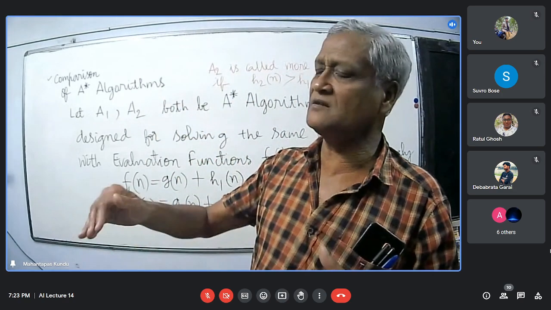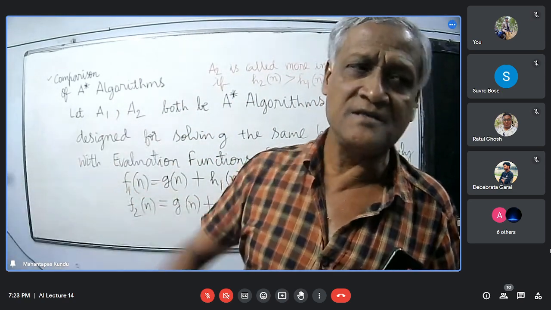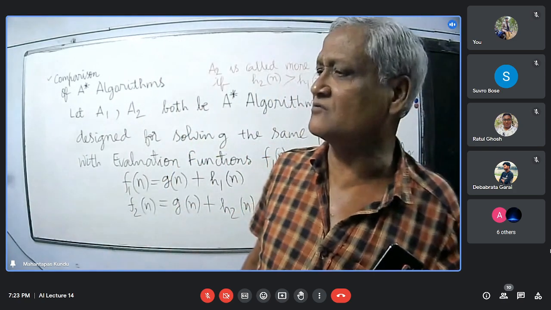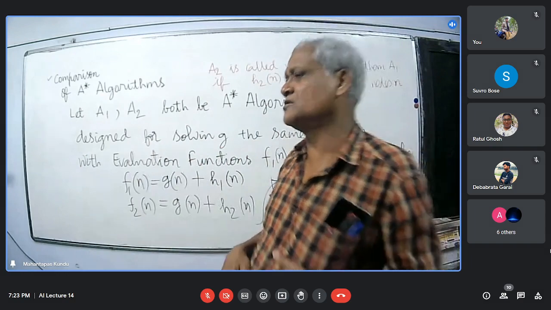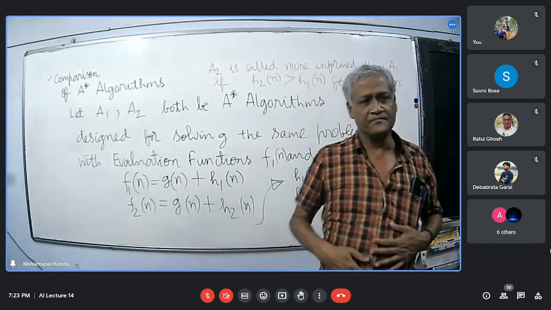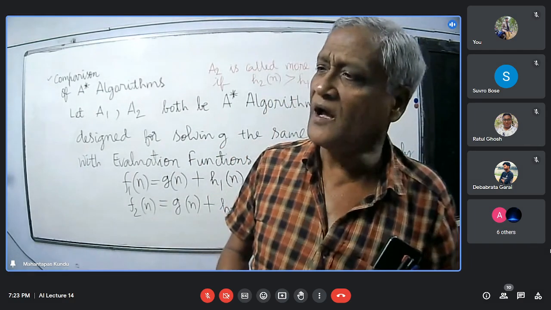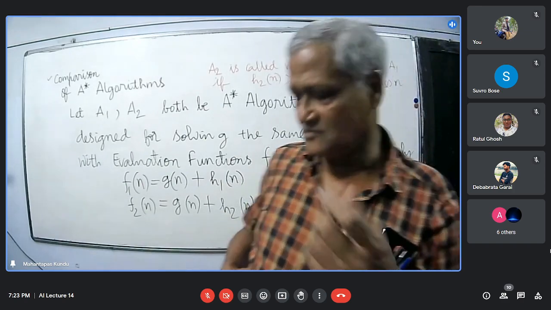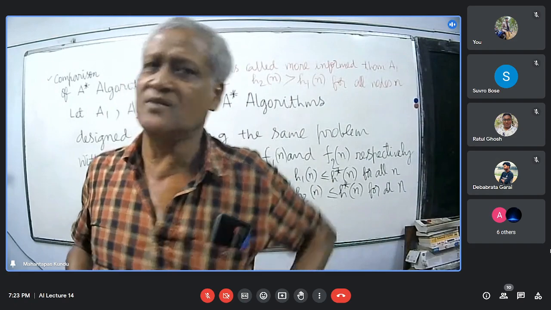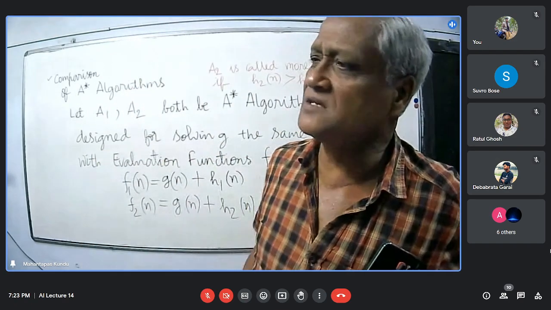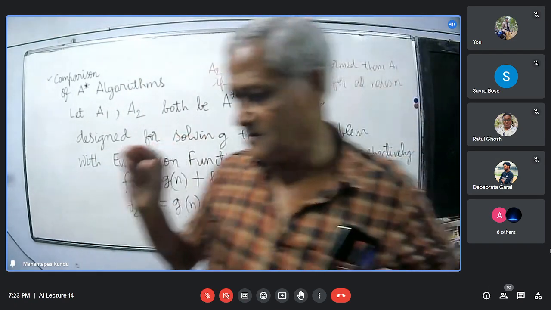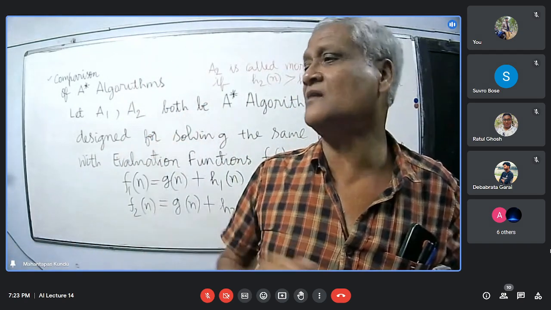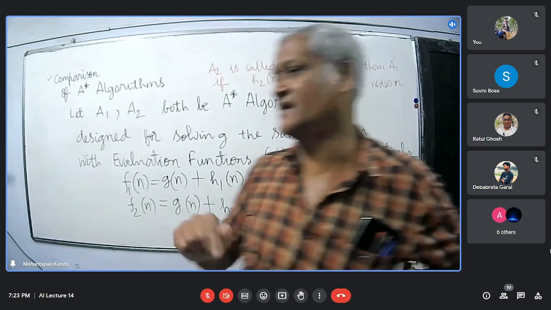The similar point is both are general graph search algorithms. Both the algorithms A and A star use an additive evaluation function such as f(n) equal to g(n) plus h(n). But the difference is that h(n) for A star algorithm is admissible.